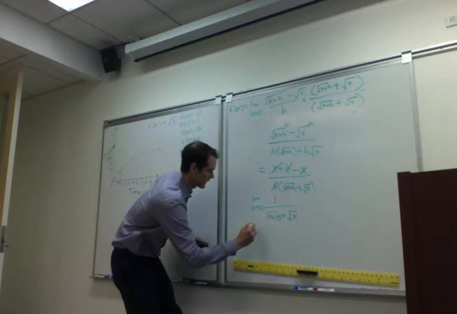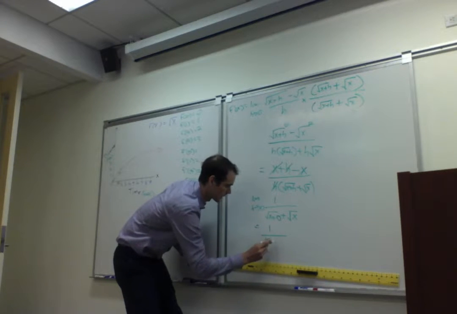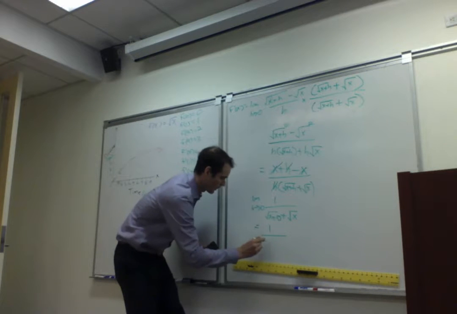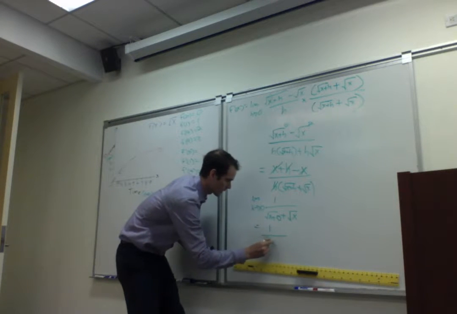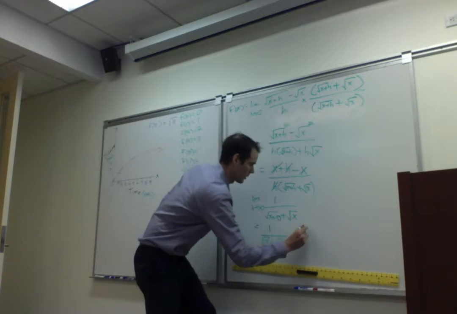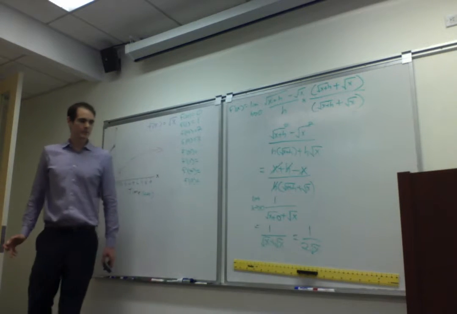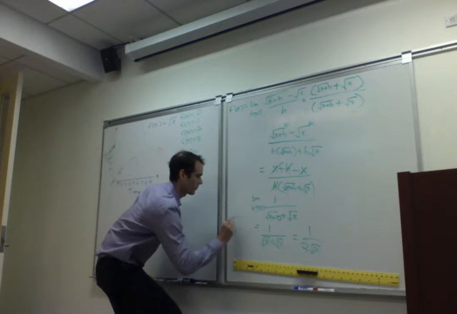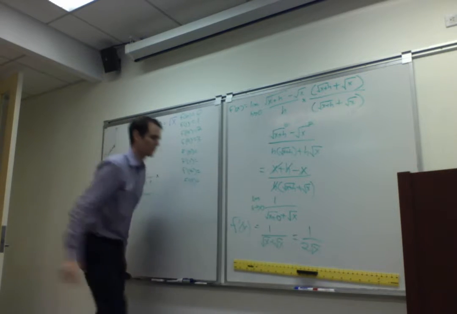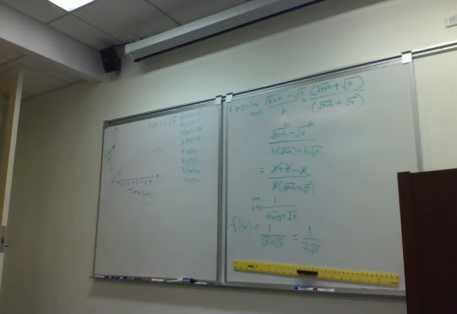So this equals 1 over the square root of x plus the square root of x, which equals 1 over 2 times the square root of x. F prime of x equals 1 over 2 times the square root of x. So this is a function which gives us the rate of change at any point along x.